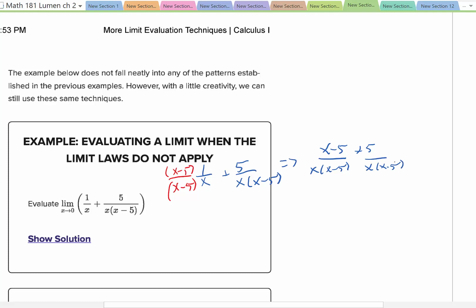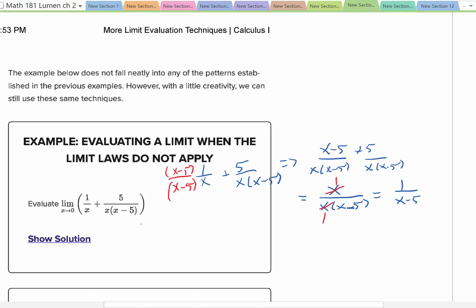We have the same denominators. We can combine the numerators. So that's going to become an x on top. We have x times x minus 5 on bottom. And then what happens? We have an x on top and an x on bottom, so those can divide out. And we're left with 1 over x minus 5.